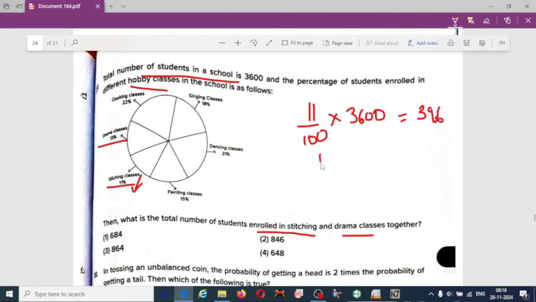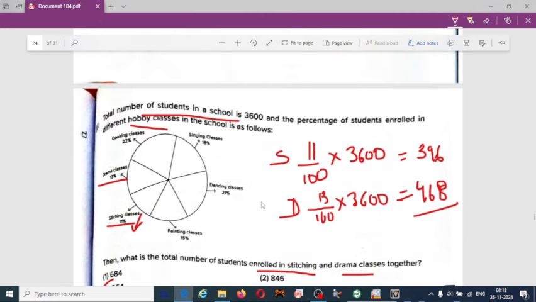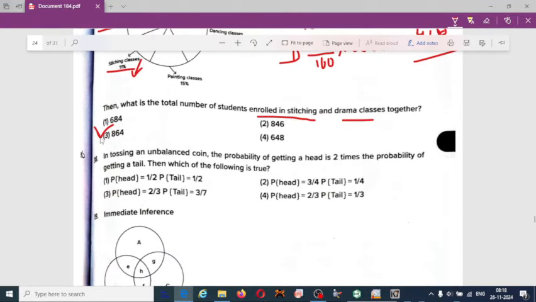And drama 13%, 13 by 100 into 3600, if you do, you will get the total number of students 468. If we add the number of students for stitching and drama, you will get the total number of students, that is 864. Next, option 3 is correct here.